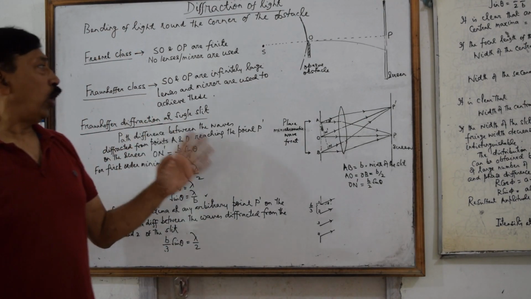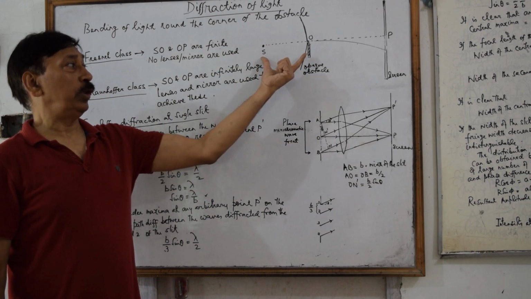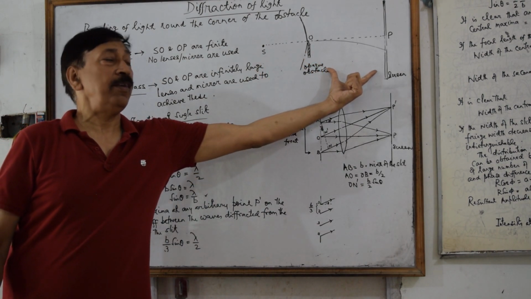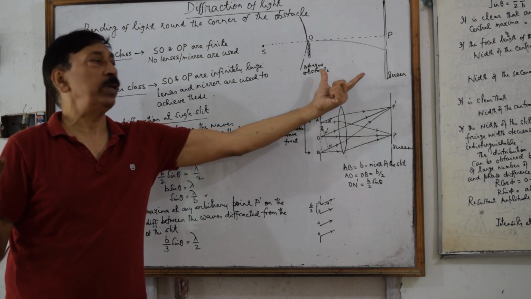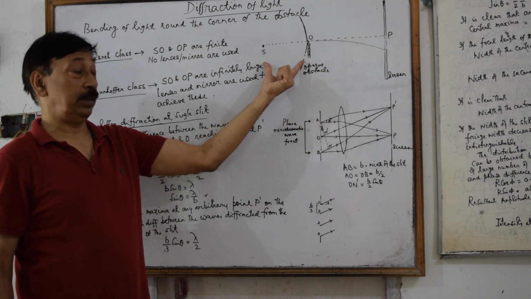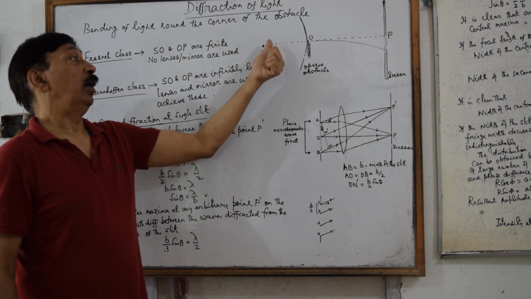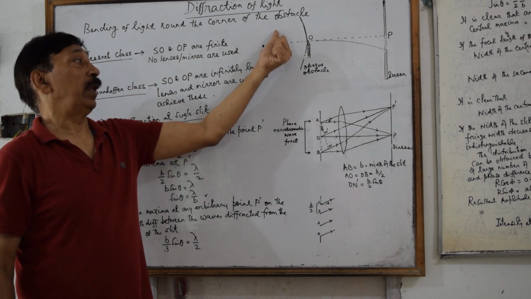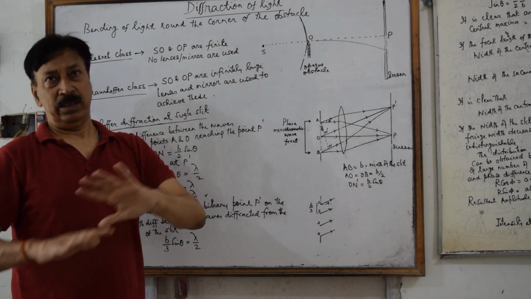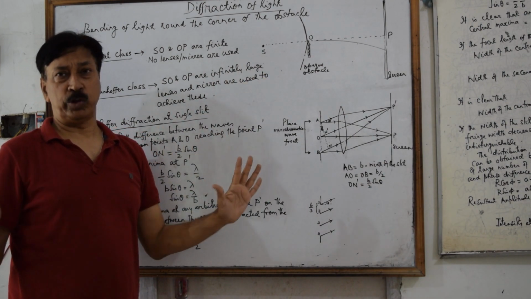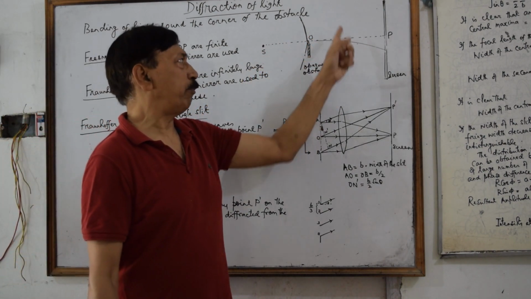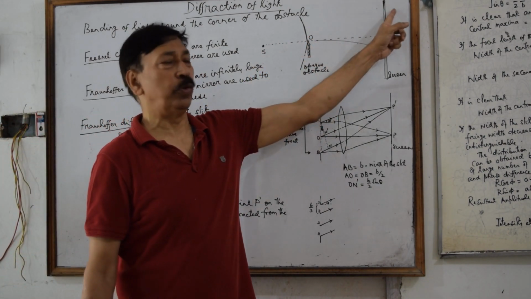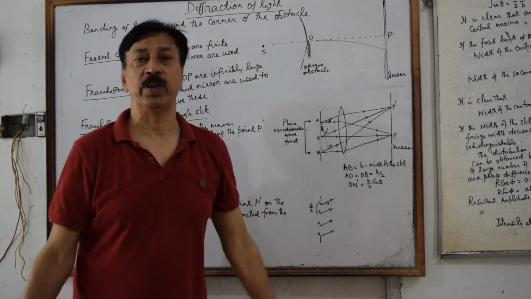In the Fraunhofer class, the two distances are infinitely large, and lenses and mirrors are used to achieve this. By keeping the source at the focus of the lens, you can have parallel rays which are supposed to be coming from infinity, and in the same manner the diffracted beam can be brought to focus at any point on the screen with the help of a lens.